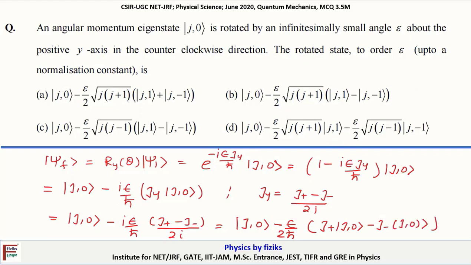Now the value of J plus minus acting on Jm is given by h cross root over (J minus plus m) into (J plus minus m plus 1) into J, m plus minus 1.